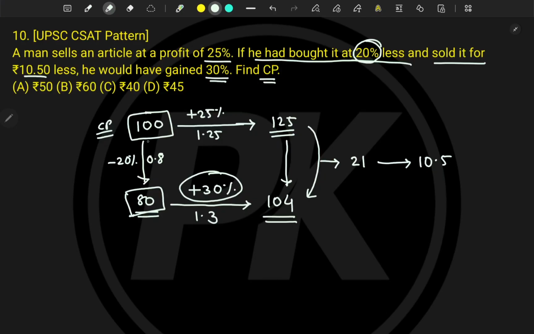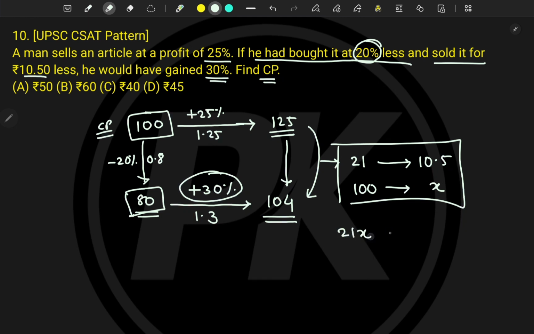Now here, what was our assumption? The cost price was 100. So if 21 resembles 10.5, then 100 equals what? This is the statement. Let's do the cross multiplication. So 21x is equal to 1050, right?